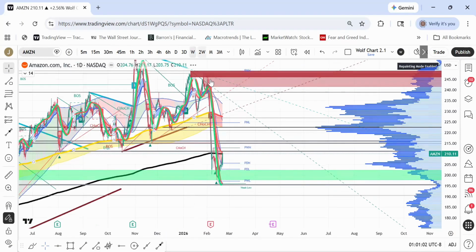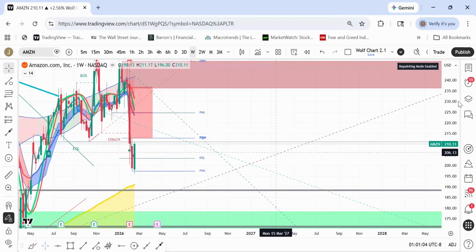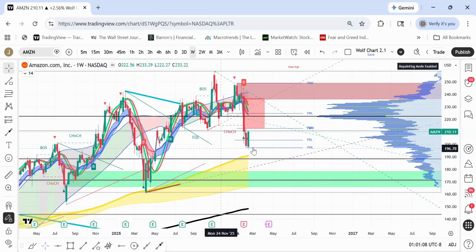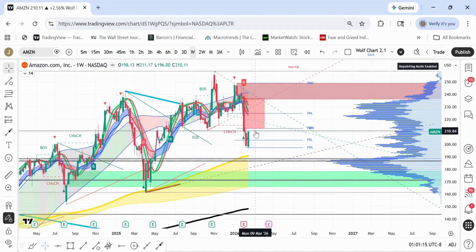Let's look at Amazon on the weekly. Right here, hitting this historical resistance right now, trying to test this fair value gap. The last time we tapped it here, October 25, we were tapping it as support.